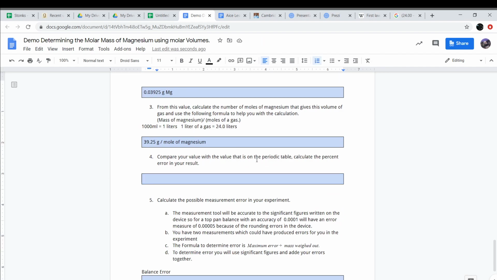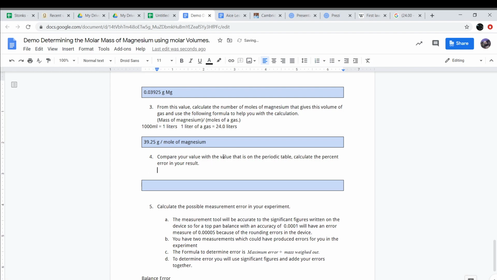Now we have to calculate the percent error, okay? A reminder that our percent error is going to be actual minus expected, and then all of this is going to be divided by our expected.